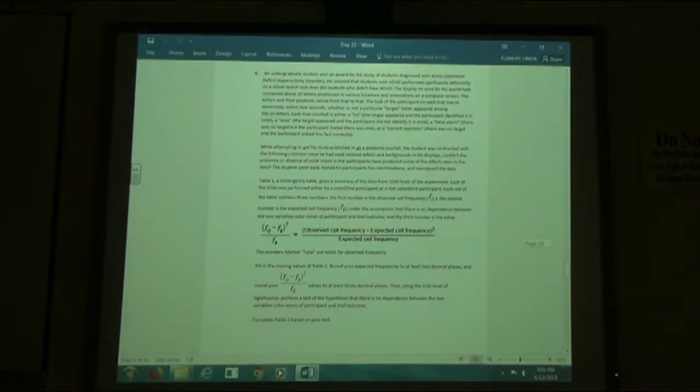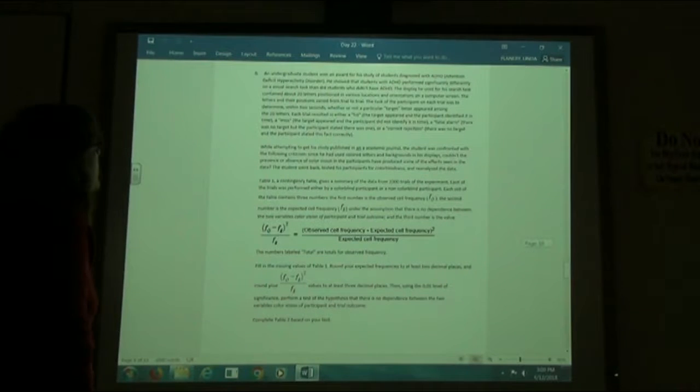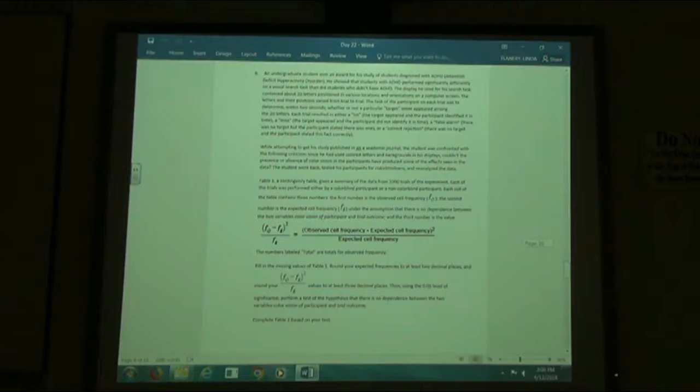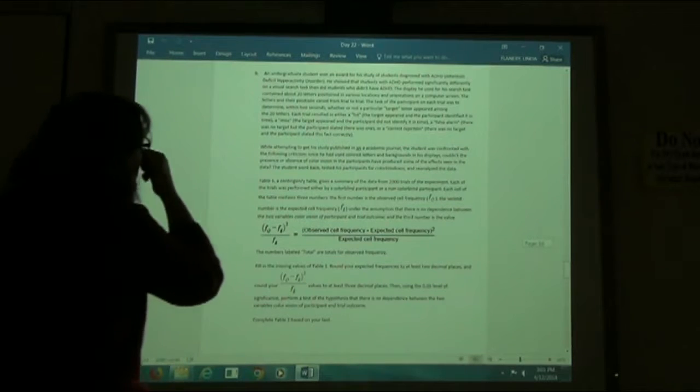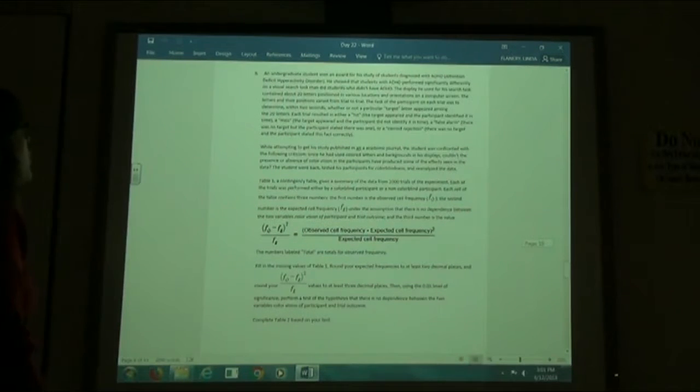The display he used for his search task contained about 20 letters positioned in various locations and orientations on a computer screen. The letters and the positions varied from trial to trial. The task of the participant on each trial was to determine within 2 seconds whether or not particular target letters appeared among the 20 letters.